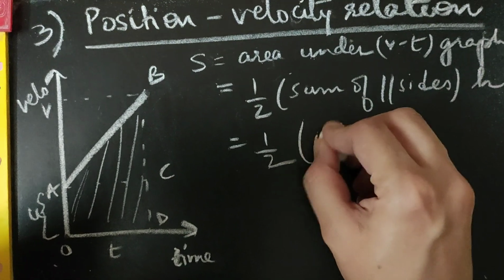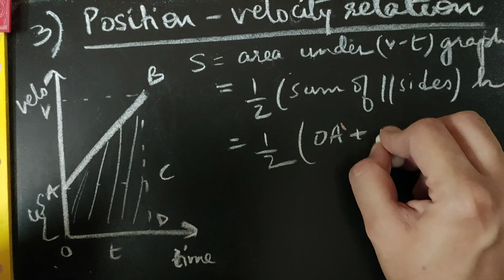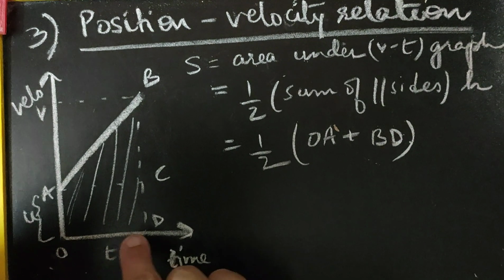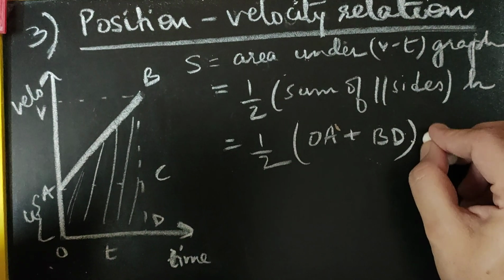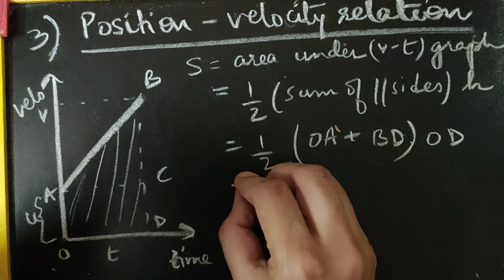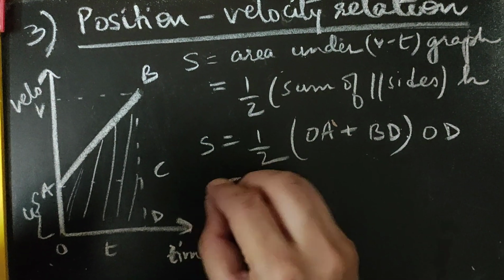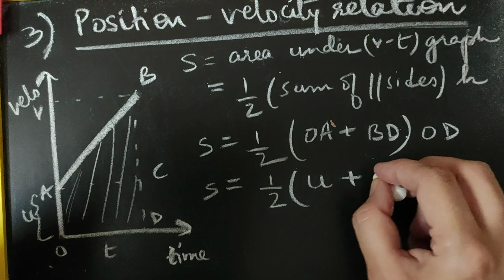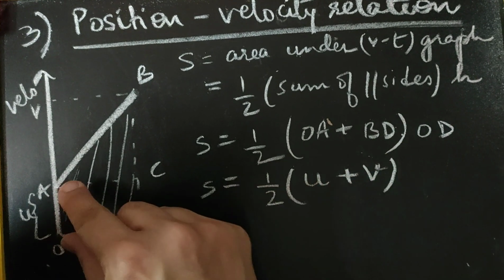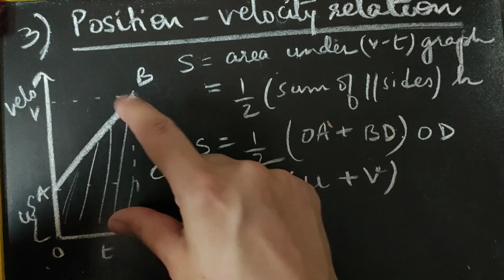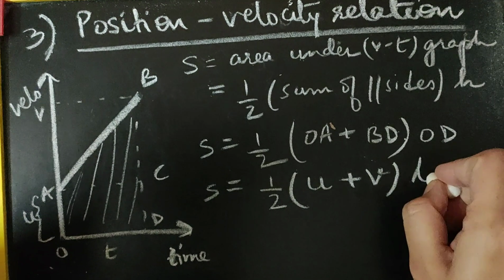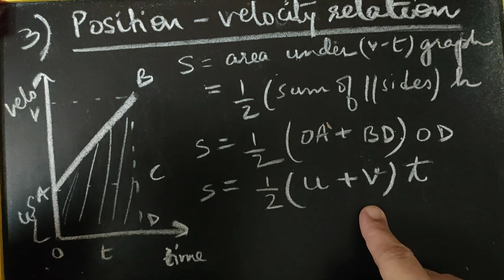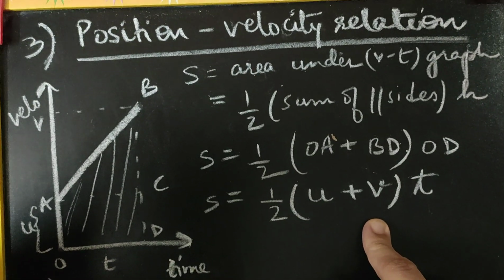So putting those values as we did in the previous case, and also I had told you height would be this time interval, so that is OD. So putting these values, half, OA is initial velocity, BD is the final velocity as depicted in the graph also, and OD is the time interval. So till here the steps of the second and the third equation derivation remain the same.